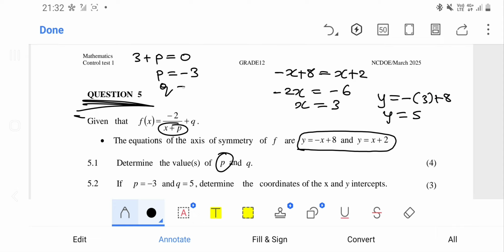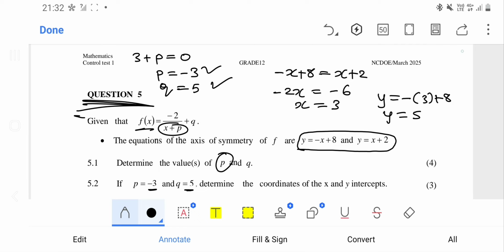It means q is equal to 5. That's how you get these values of p and q. So if p is equal to negative 3 and q is 5, determine the coordinates of the x and y intercepts of f.